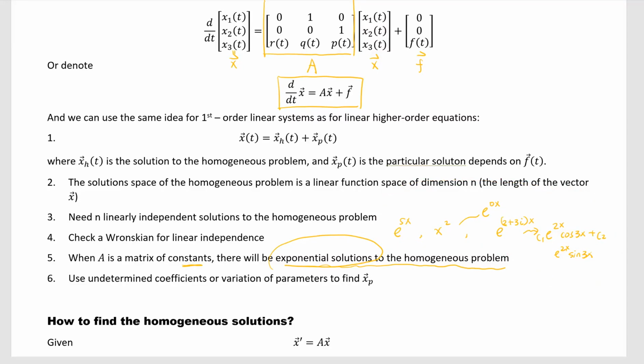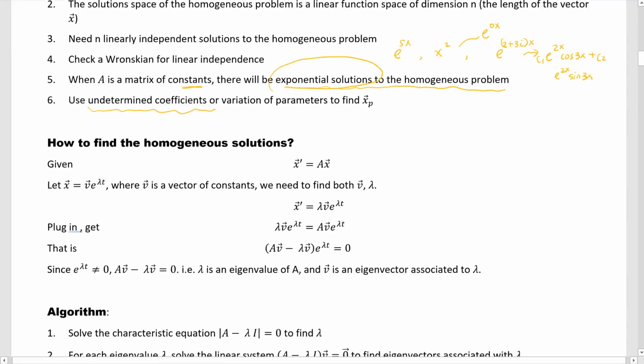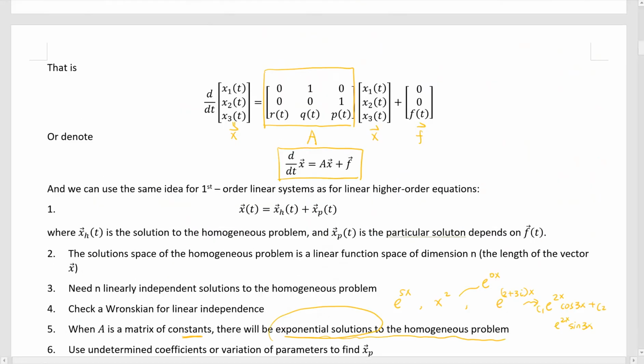And for the non-homogeneous part F, we can use undetermined coefficients or variation of parameters to find the particular solution. But in our course, we only talk about the method of undetermined coefficients. Alright, so first of all, how do we find the homogeneous solution? Now look at our system.